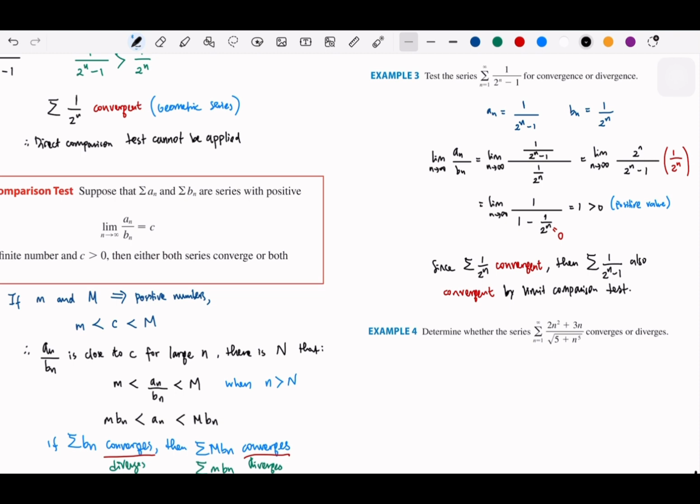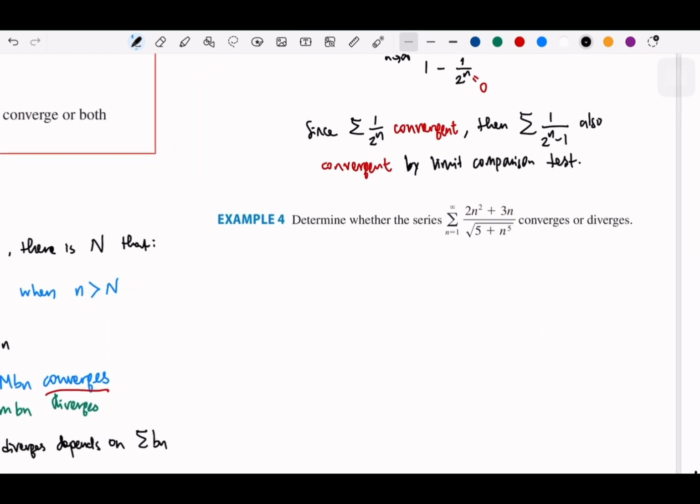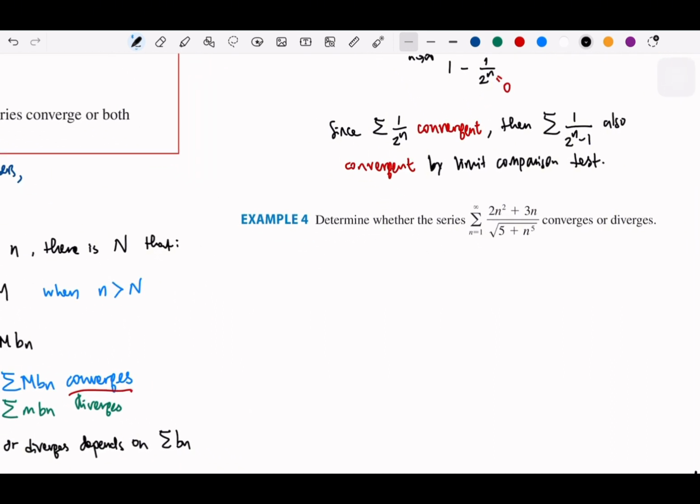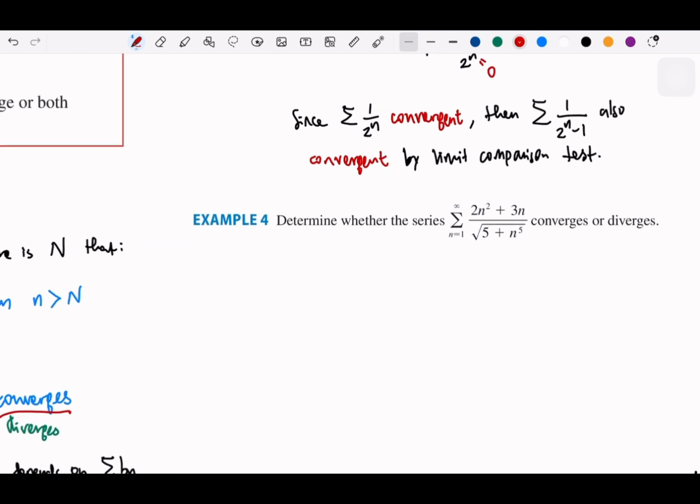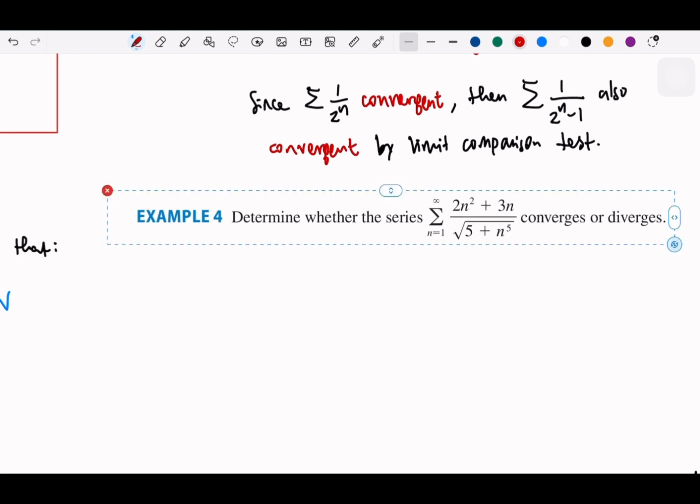Okay, another example. If you look here, we can configure the fraction first. Then we can decide, okay, the one that is dominant or larger is this one, and the denominator will be this, right? So that is going to be our proposed series to be compared with this one.